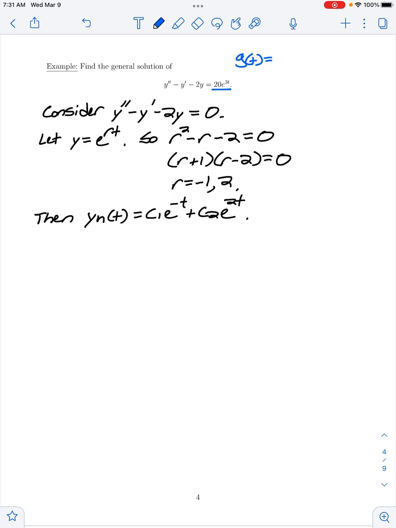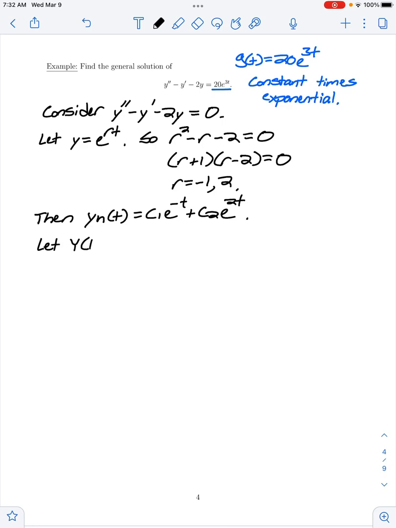g of t is 20e to the 3t. And so here we have a constant times some exponential. So let's consider a particular solution of the same general form.